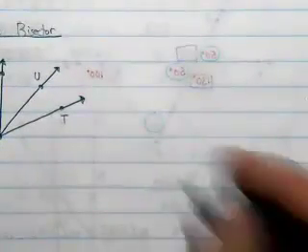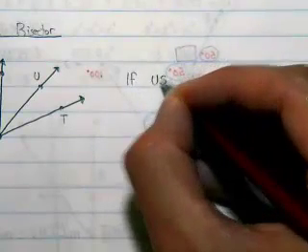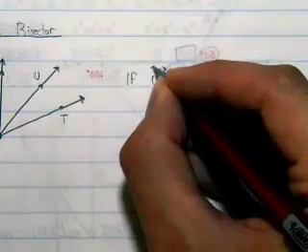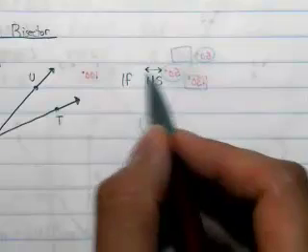Okay, so if the line US, and don't forget the proper notation there, a line has two arrows.